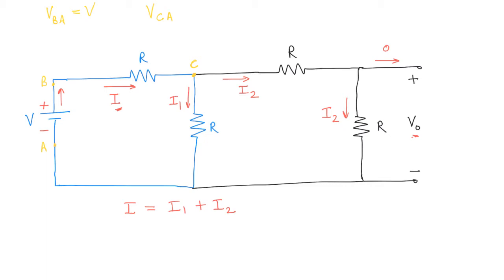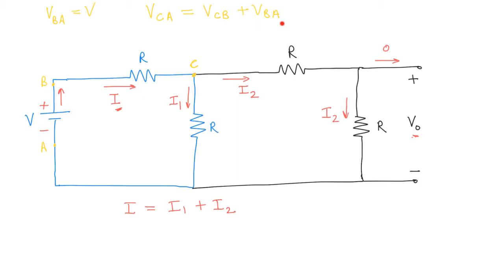I could break this up into two parts, and I could say, well, VCA is going to be equal to VCB plus VBA, right? So it's the voltage difference across this resistor and the voltage difference across this source. So if you add both of them up, you get the voltage difference across point C and A.